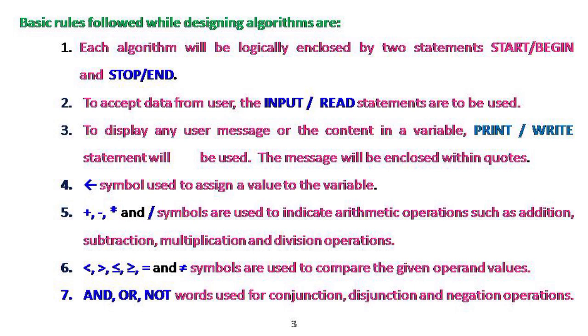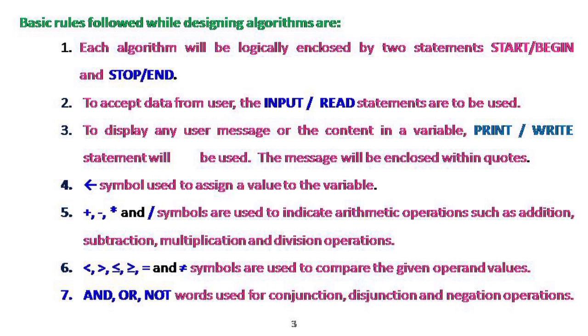stop or end. The second, to accept data from the user, that is, if you want to read some input from the user, you can use two words: input or read. Third one is to display any user message or the content in a variable.